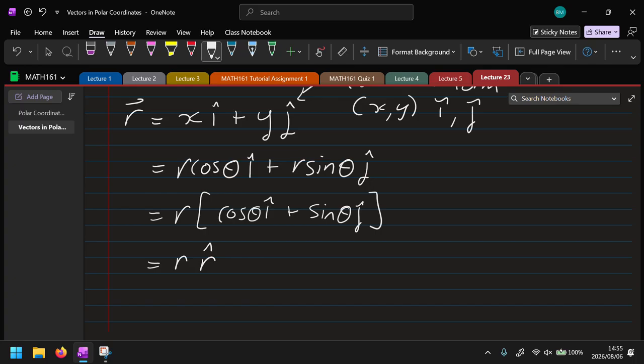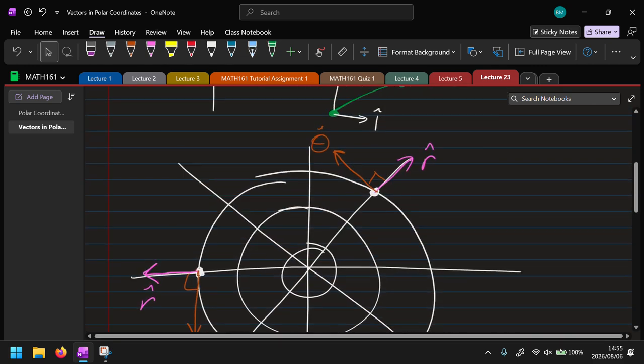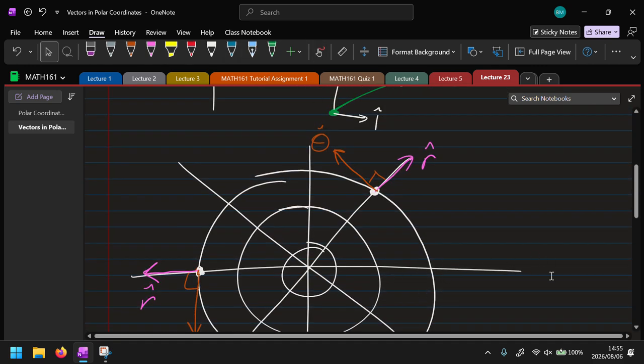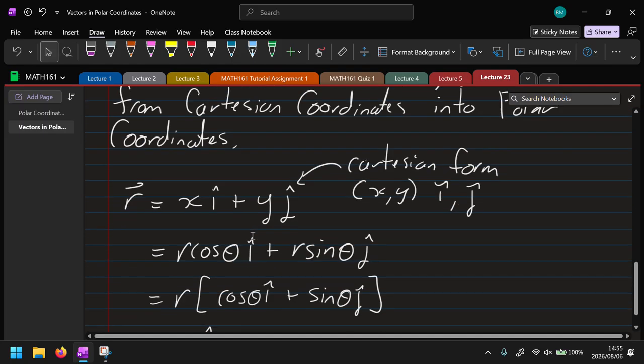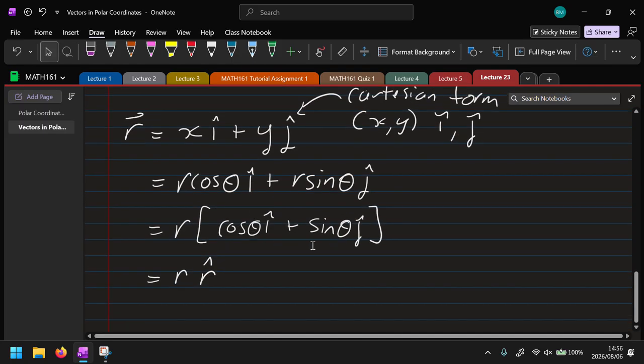Let's put pi over 2. Pi over 2 gets us j hat. That goes up, right? So at pi over 2, the vector is j hat in the vertical direction. That makes sense. That's what we want. So angle 0, it points horizontally. Angle pi over 2, it points vertically. What about at pi? Put pi here. What do we get?